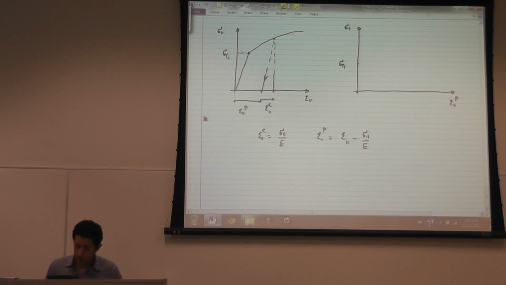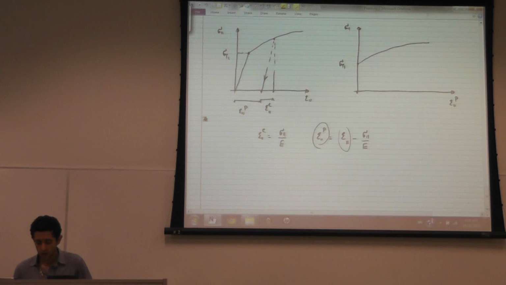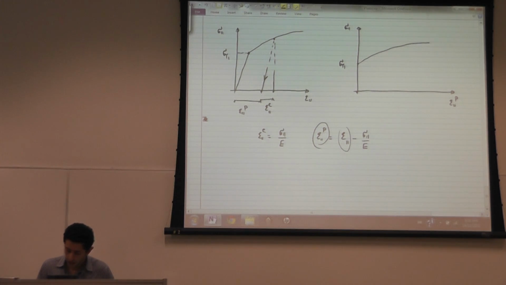The moment the stress increases beyond sigma yield 1, you start developing plastic strain equal to epsilon 1 minus sigma 1 over E, so you end up with a curve that looks like this, where this is the relationship between sigma 1 and epsilon 1 plastic, or you can look at it as the relationship between sigma yield and a plastic strain parameter, epsilon.